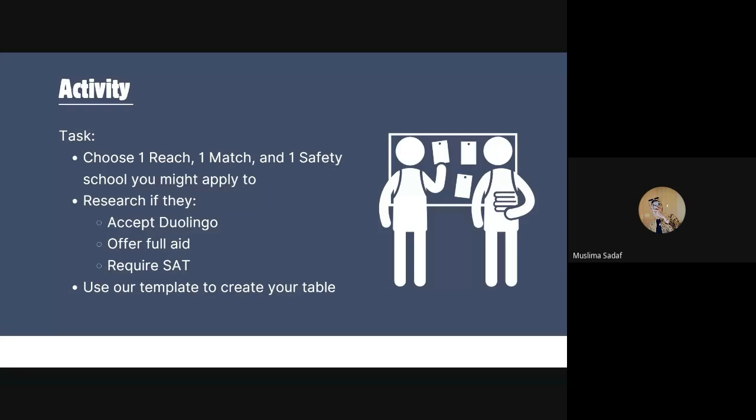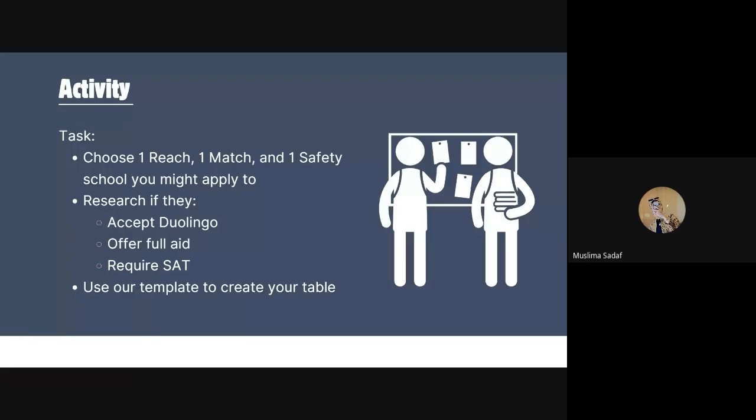For the English tests, TOEFL should be 80, IELTS around 6.5 maybe, and Duolingo a minimum of 110.